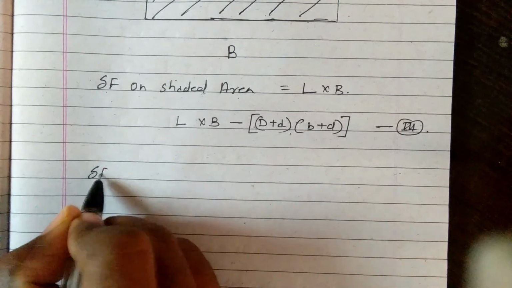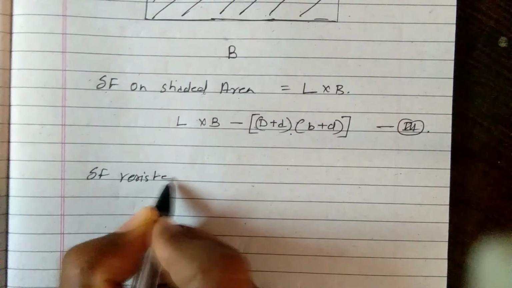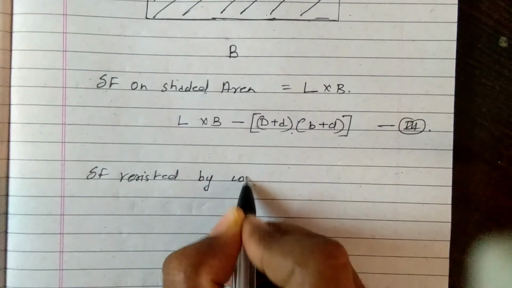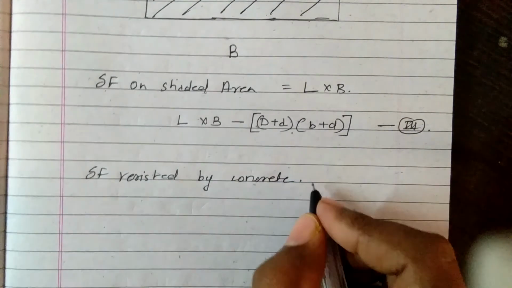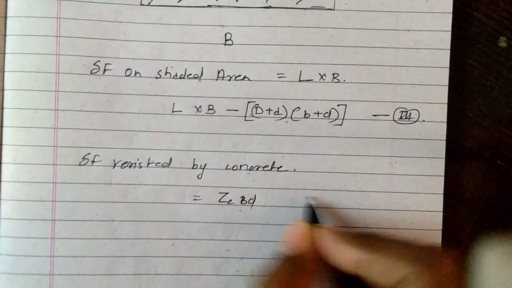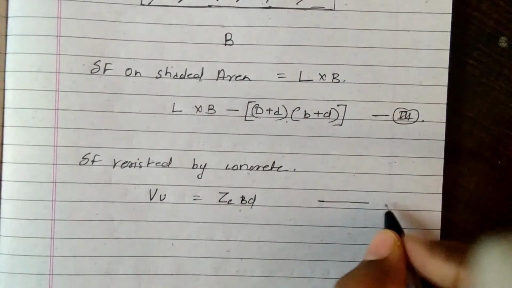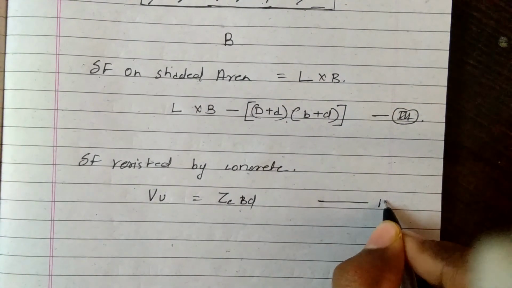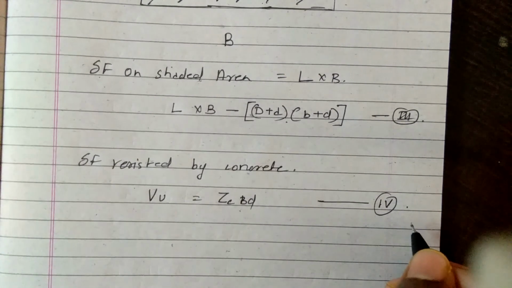Now the shear force resisted by concrete, same, VU equals tau C B d, and this is equation number 4.